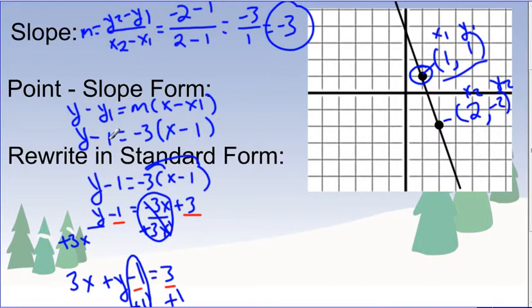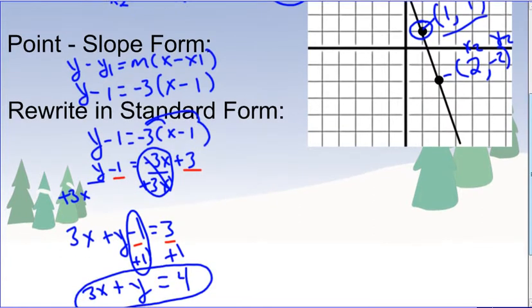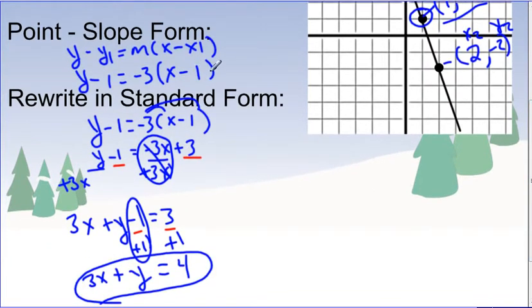Plugged in the y value for y1, the x value for x1, and the slope. Looks like a sad guy. He's not too happy. Then we took this equation, rewrote it, and transformed it into standard form by just moving pieces from one side to the other.